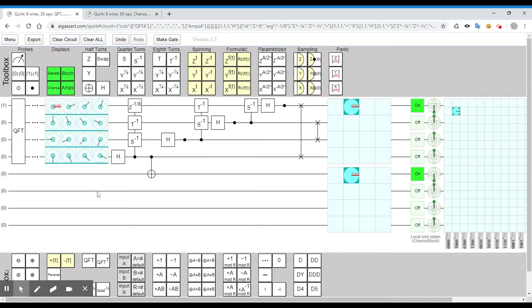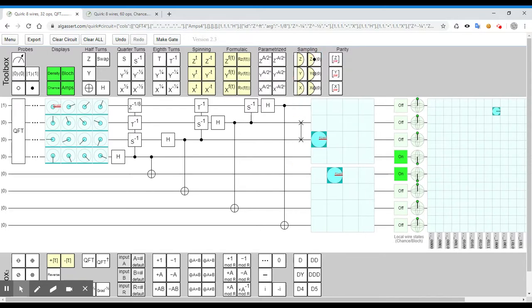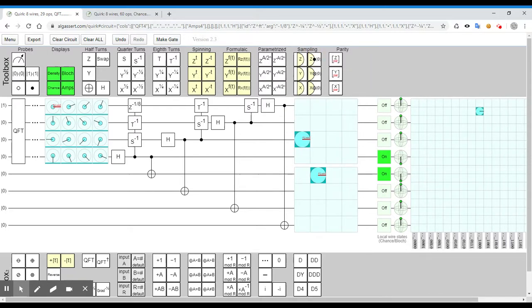A similar reasoning goes for the next controls. So here, if this guy is 1, then this should be 1. If this is 1, this should be 1. And if this is 1, this should be 1. And voila, right? So you don't need that anymore.